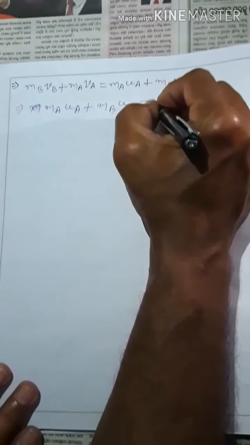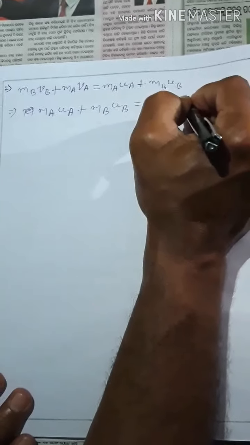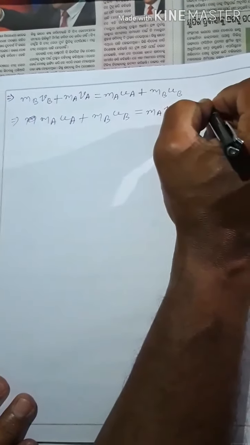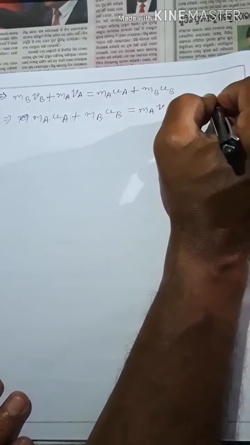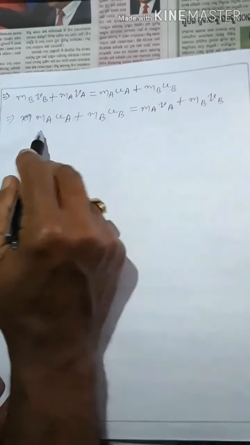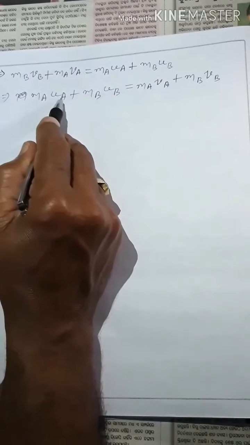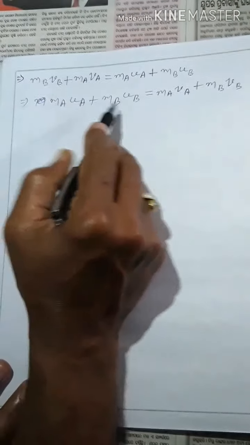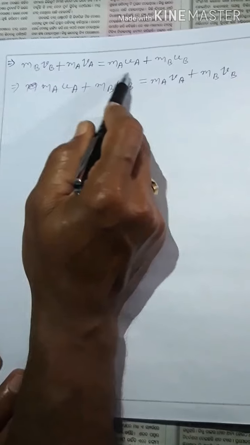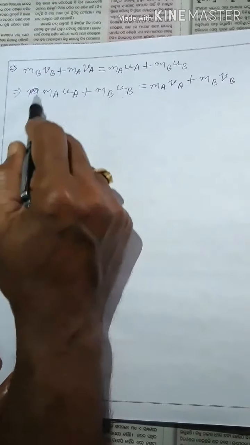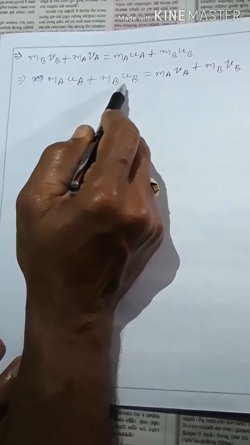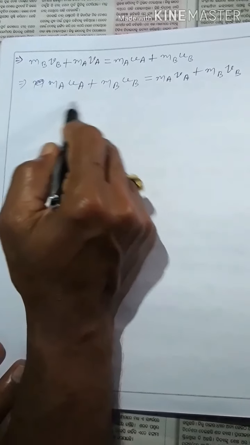MA into VA plus MB into VB. Clear? Here MA UA means initial momentum of object A. MB UB is initial momentum of object B. So this total is the total initial momentum of the system.